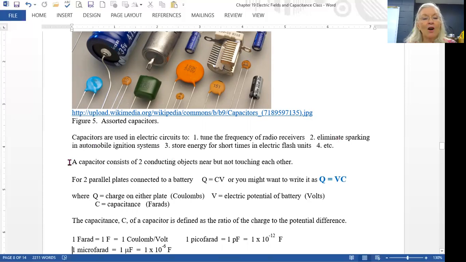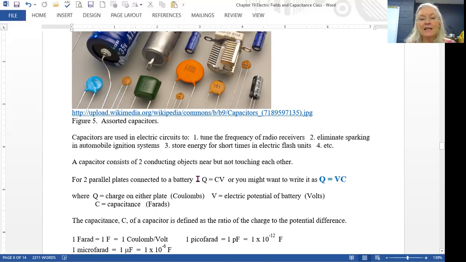So basically, all capacitors have two conducting objects that are close to each other, but they don't touch. If it's a parallel plate capacitor, you connect it to a battery, and you would have the formula Q equals C multiplied by V. Q is the charge on either plate in coulombs. C is the capacitance measured in farads.